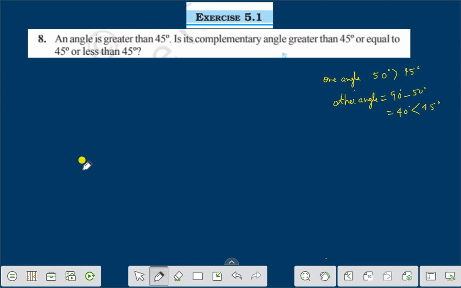Let the complementary angles be x and y.